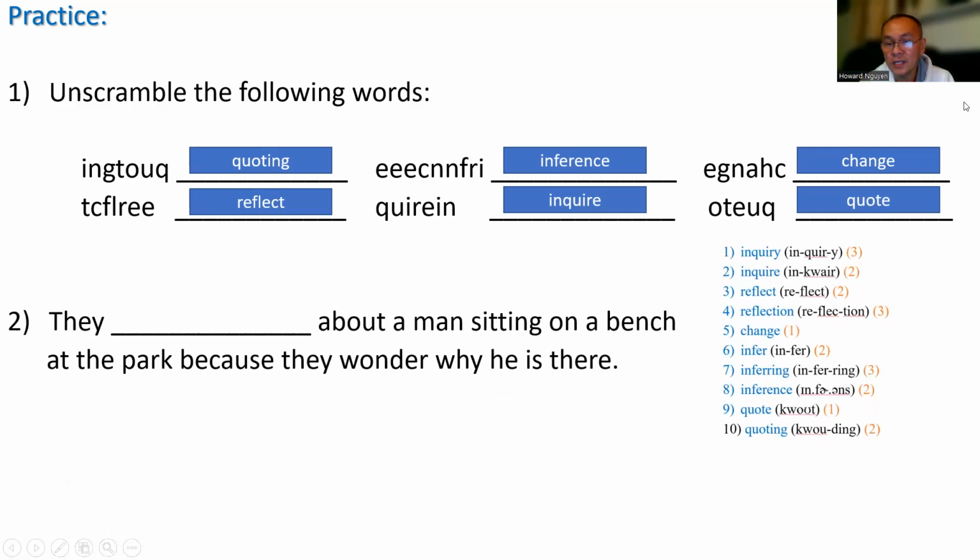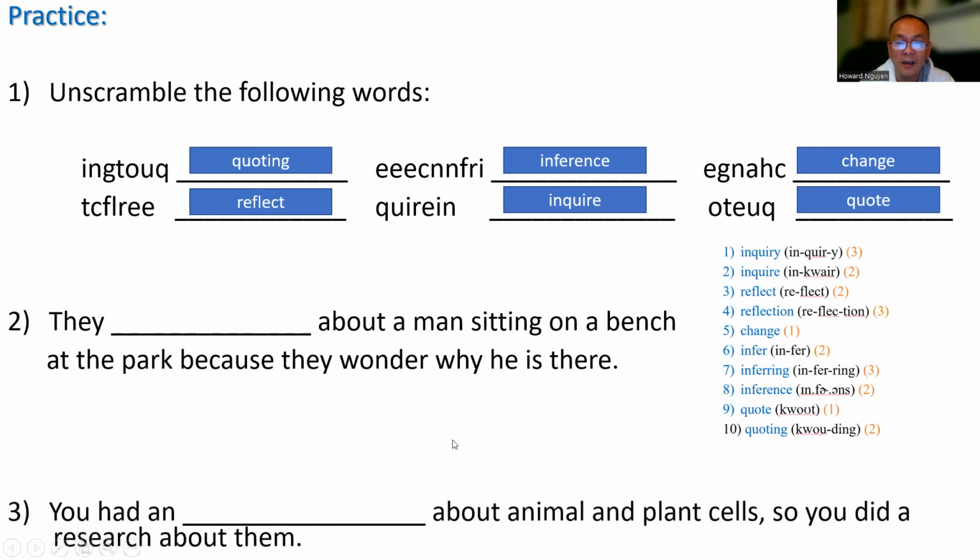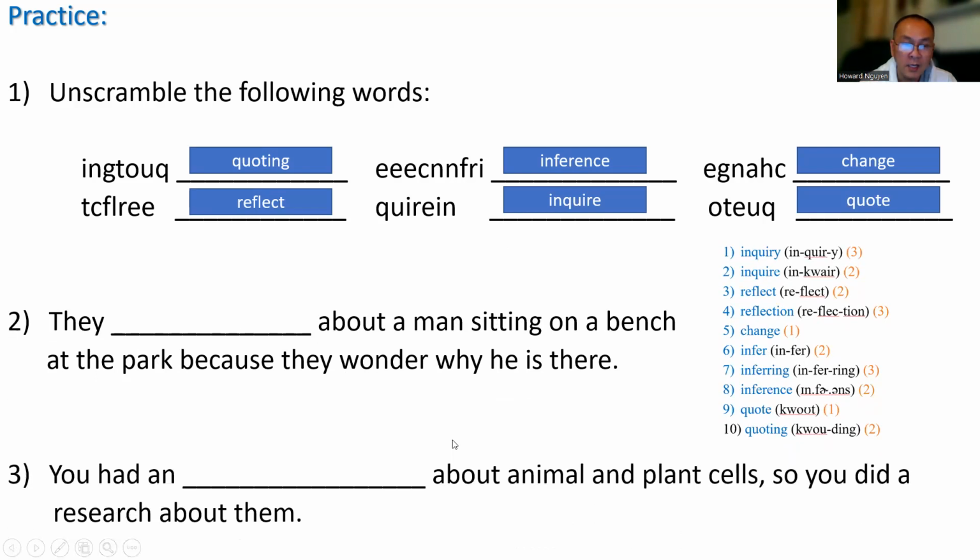So see if you can use these spelling words in context. They blank about a man sitting on a bench at the park because they wonder why he is there. Wonder. The key word here is wonder. Next one, you had and blank about animal and plant cells.